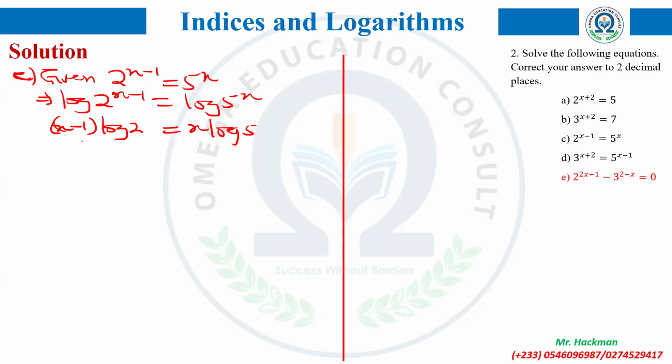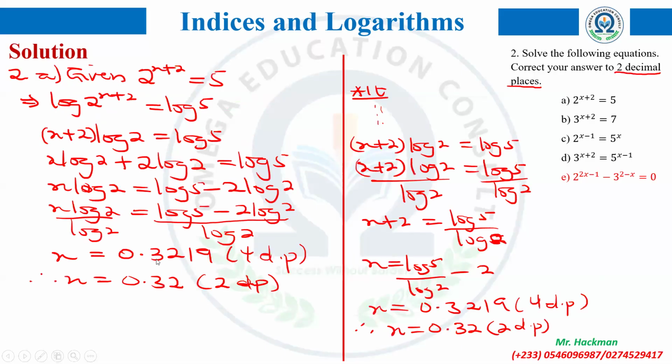With the previous one, this side contained only a constant. So if I have a constant here and I divide by a constant, it will also give me a constant. So I'm not worried. That's why we divided straight away. So that is allowed.